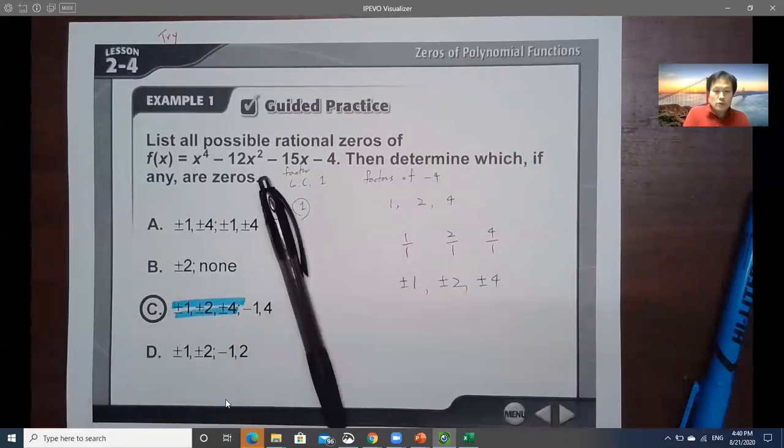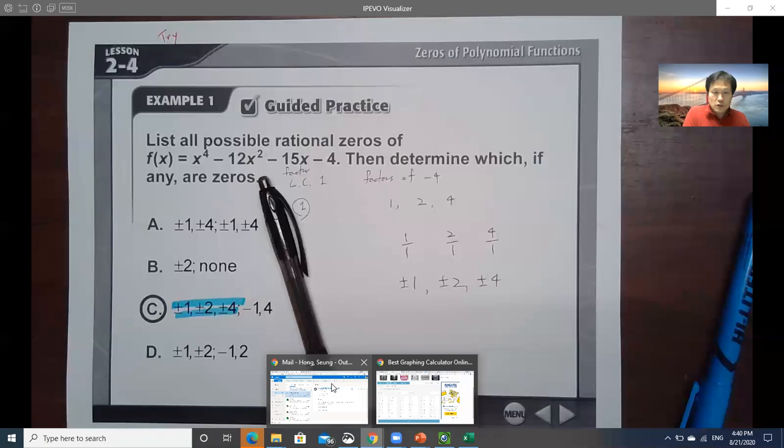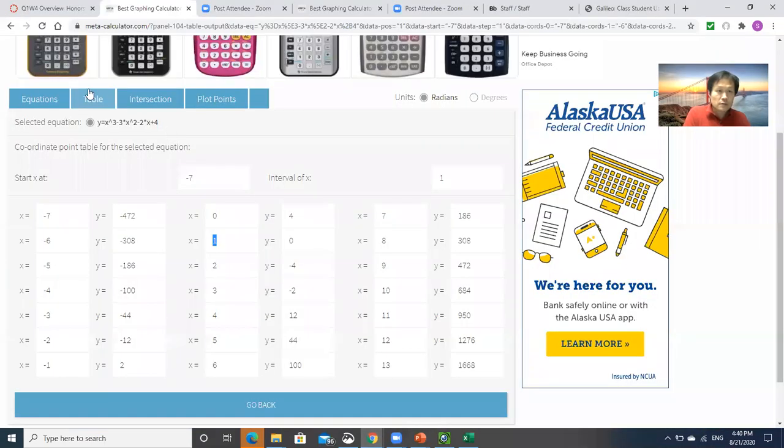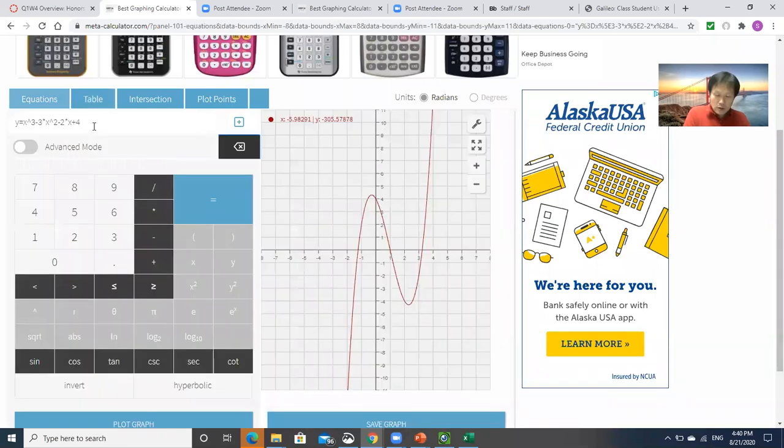But if you say, well, let me just check it using a calculator, then you can type it in. So actually x to the fourth power minus 12x squared minus 15x minus 4.